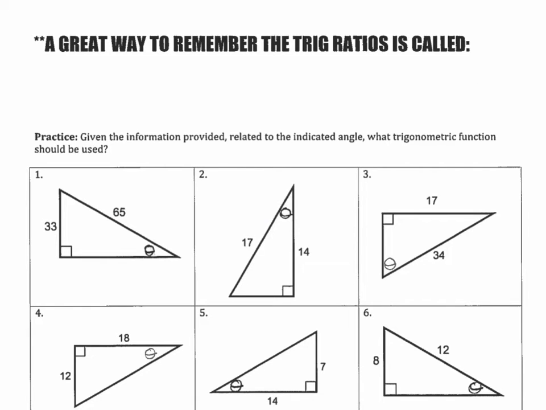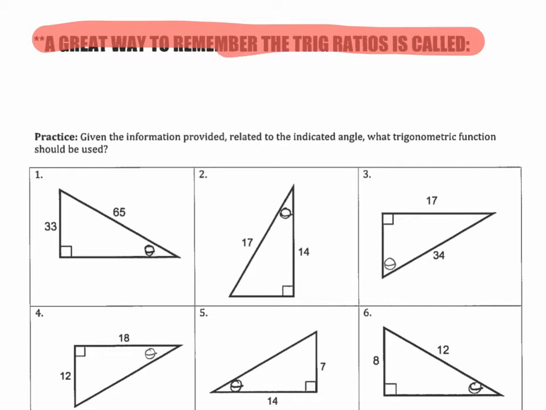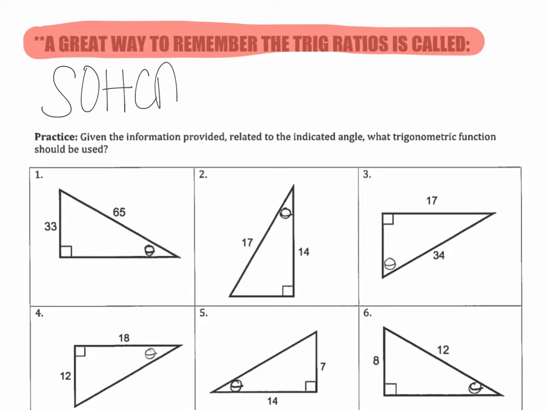A great way to remember my trig ratios. So sine is opposite over hypotenuse, cosine is adjacent over hypotenuse, and tangent is opposite over adjacent. A great way to remember this is what's called SOHCAHTOA. The S in SOHCAHTOA stands for sine, which means I use the opposite value and the hypotenuse value.